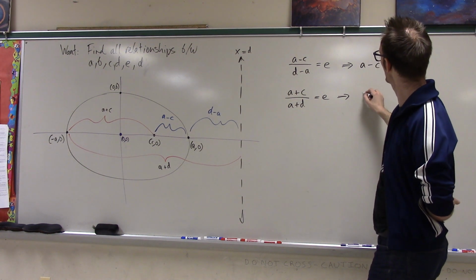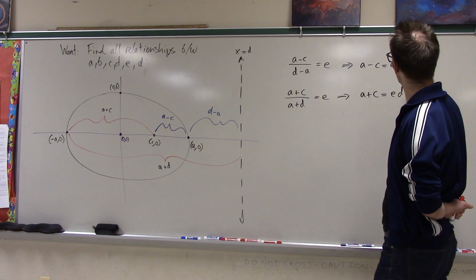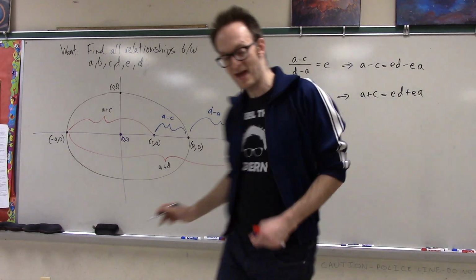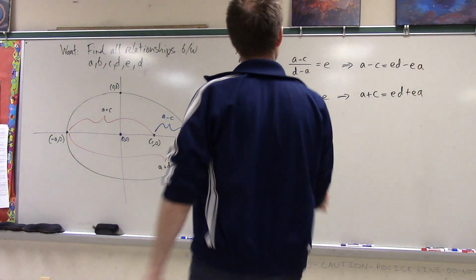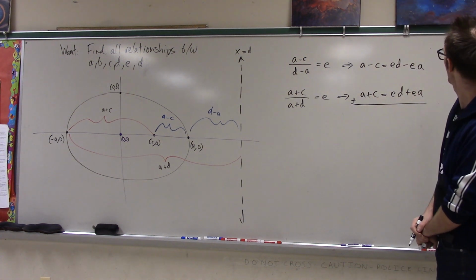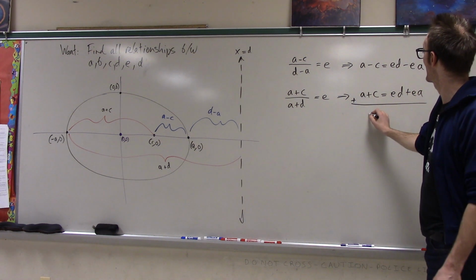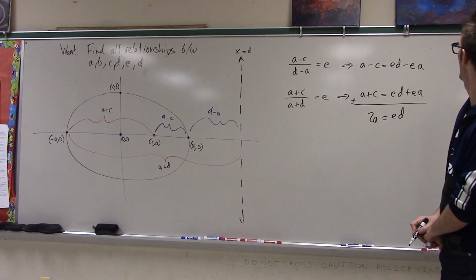And over here, I'm going to get A plus C equals ED plus EA. And these two equations are very similar to each other, and in fact, they are sort of begging to be added. If you add these two equations together, then what you get is that 2A equals 2ED.